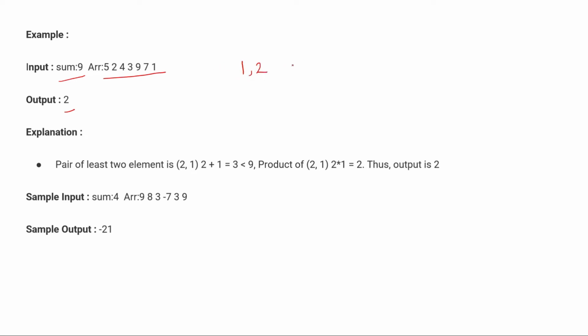Their sum is 3, which is less than 9. So the output is the product of these two. The product is 2. That's how they have reached the output.